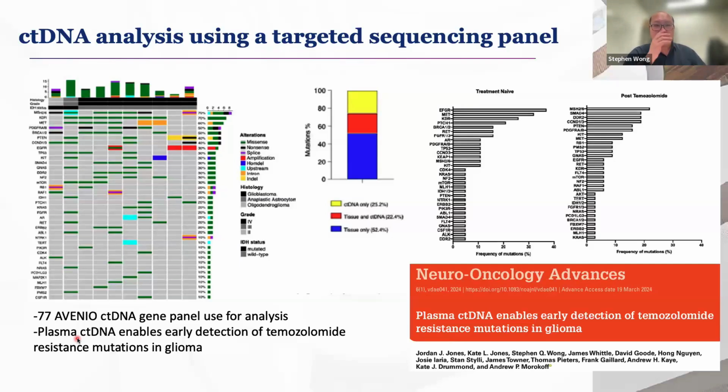But importantly, we noted very high degrees of heterogeneity. For example, we were only able to detect 22% of mutations that were common between tissue and ctDNA samples. Importantly, we were able to identify through serial analysis multiple putative mechanisms of genomic resistance due to temozolomide treatment.